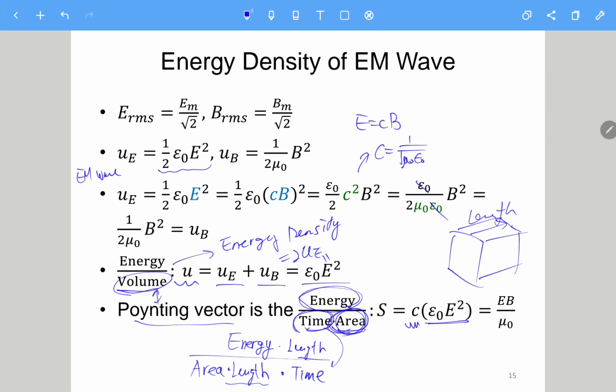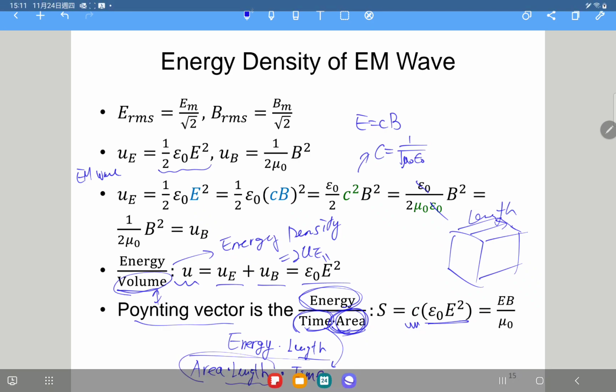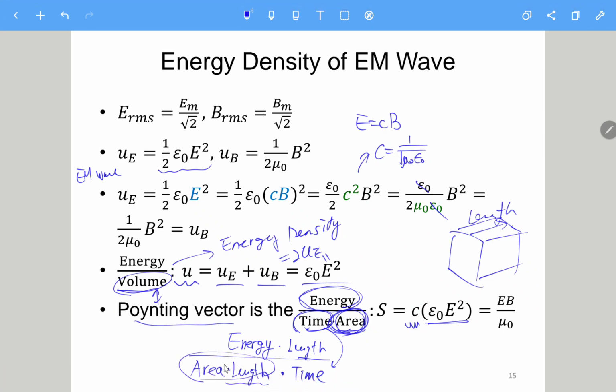Area times the length is the volume, so this is actually energy per volume, epsilon naught E squared. The remaining thing, length per time, is of course the velocity, which is the speed of light. So we have c times epsilon naught E squared.